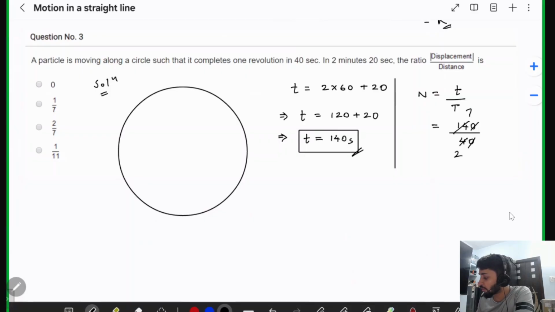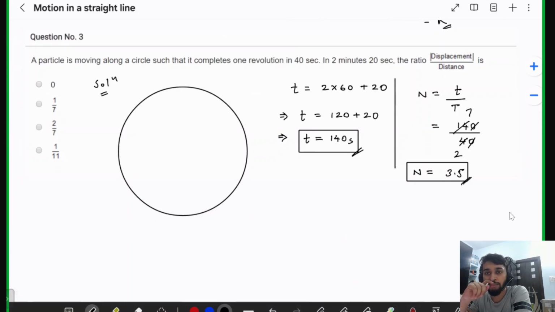So the number of revolutions n will be 3.5. These are the important results. I'm just making a box for understanding. The person is going to make 3.5 revolutions in 140 seconds.